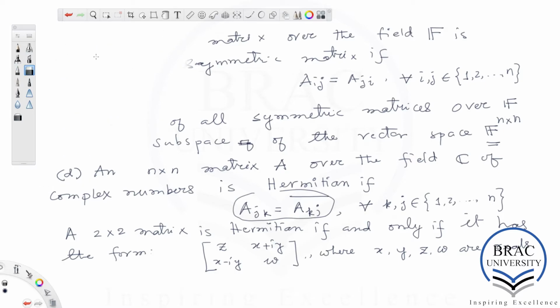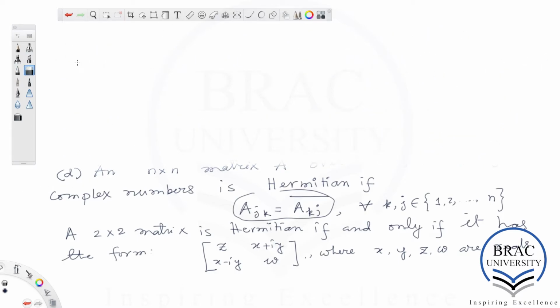All right, so now one immediately sees that this vector space C to the n cross n is the vector space of all n times n complex matrices.